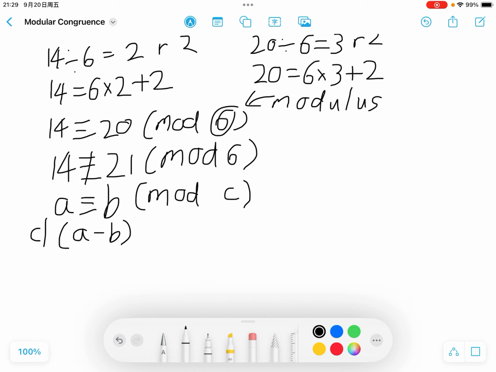If this is true, A is modular congruent to B mod C. Well, let's try it out then. The two definitions are essentially interchangeable, except this one covers negative numbers as well.